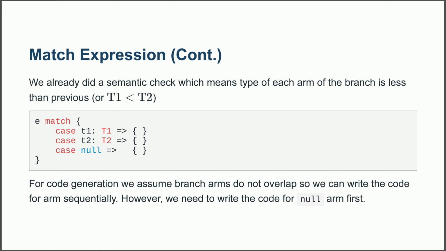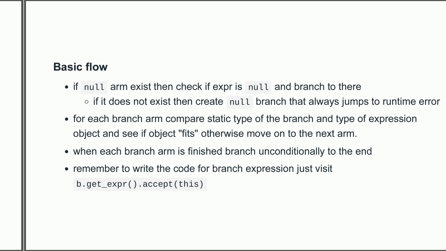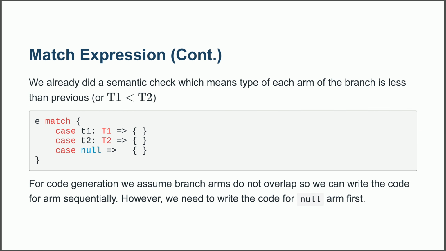And then after you've done the code for T1 or T2, you need to branch unconditionally to the end of the match, if that makes sense. And remember that for the expression for T1 or T2, you should not write the expression yourself when you are doing the match expression. You should just call your recursive function to generate the code on that spot.